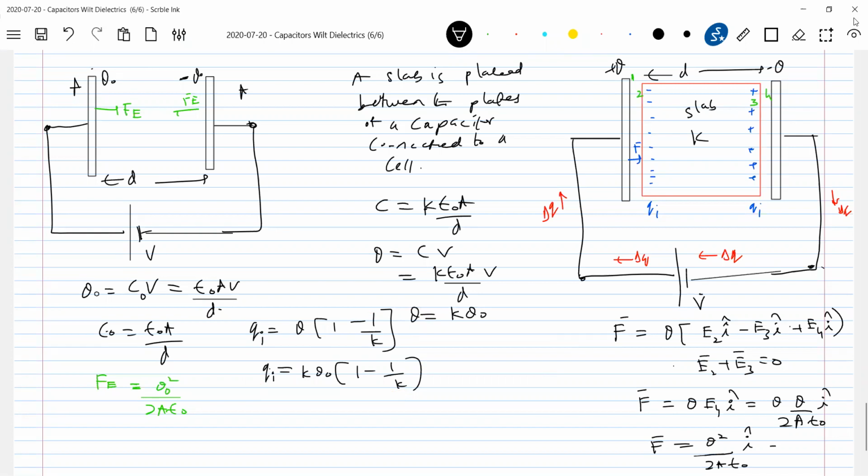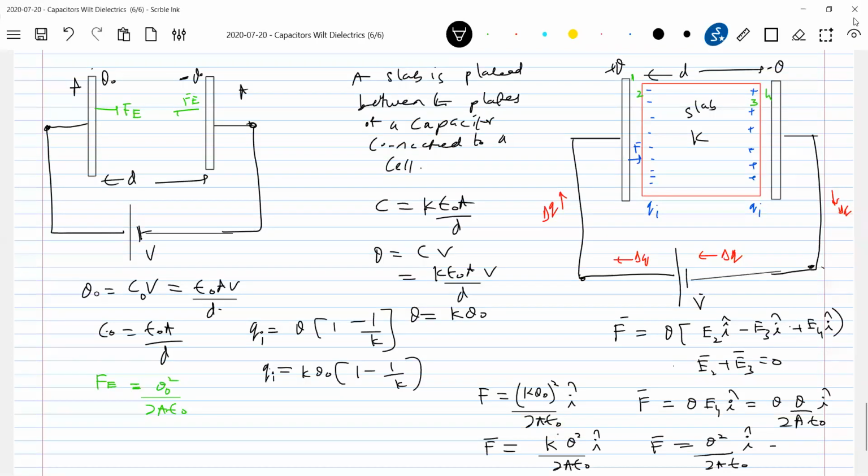I'll write it here. So what should the force F be equal to? K Q naught whole square by 2A epsilon naught i cap. So this should be K square times Fe. Now you see, the force of interaction will increase, no?